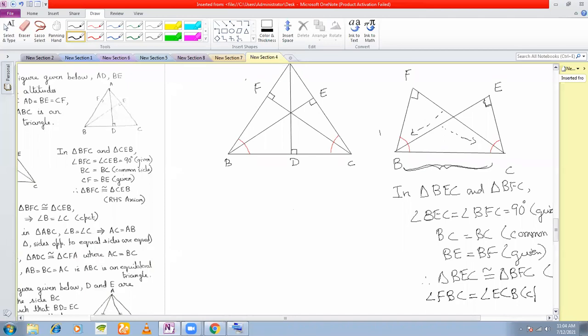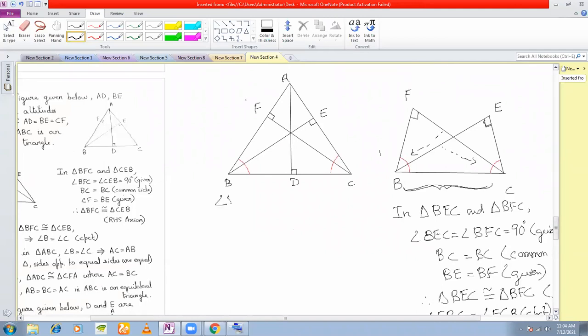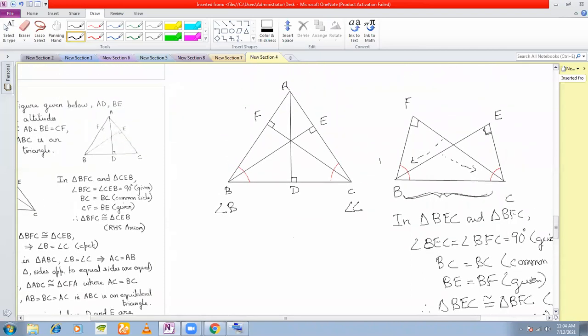This is by CPCT, right? But what is angle FBC? In the bigger triangle, you see angle FBC is nothing but angle B. And this is nothing but angle C, right? So you can write angle B is equal to angle C. So we have proven two angles to be equal in this triangle.